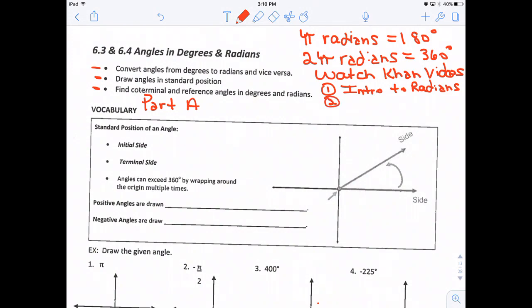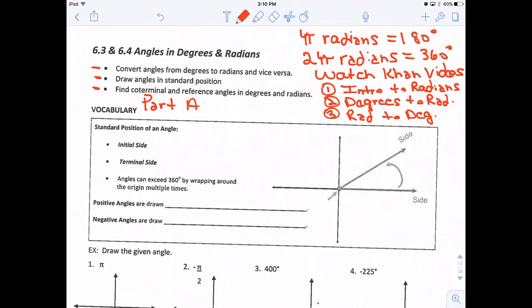The second video is degrees to radians. And then the last one, as you probably figured, is radians to degrees. It's really important to be able to go back and forth between degrees and radians throughout this course, all the way into any other math course that you're going to take.